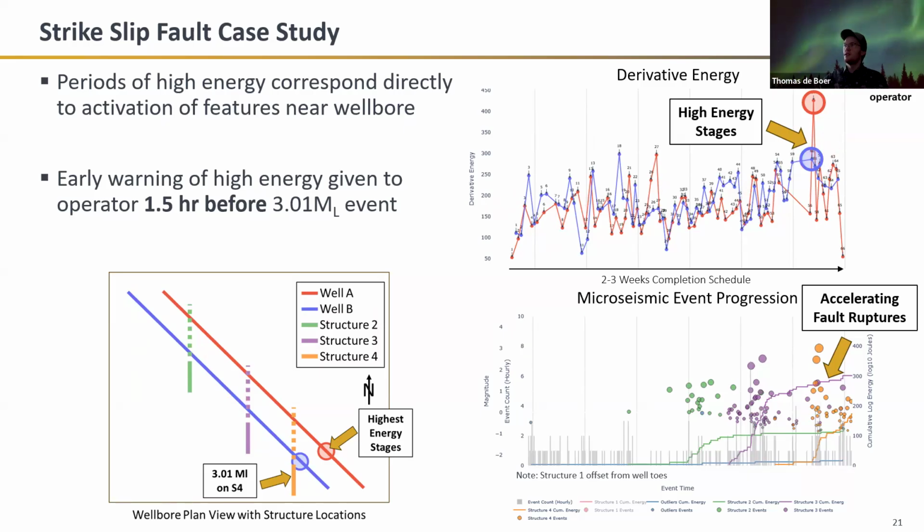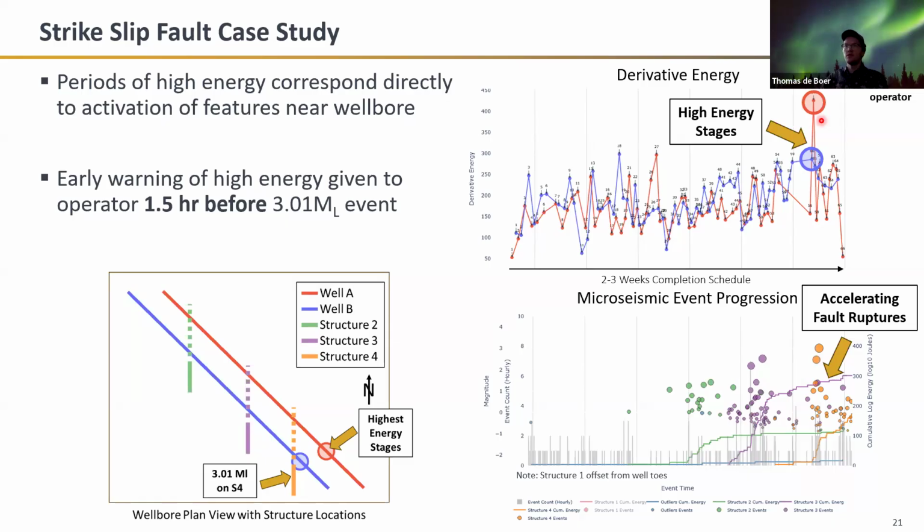But critically, as we're approaching this final fault, which had the largest activation, you can see in the bottom right here the individual events that were picked. We can see that just prior to this magnitude 3 event, which is just at the regulatory limit for this area, there was a very large energy spike that was completely anomalous based on everything we'd seen so far.